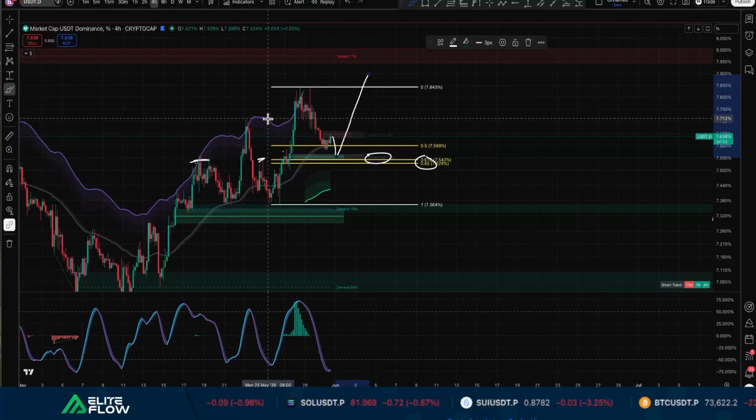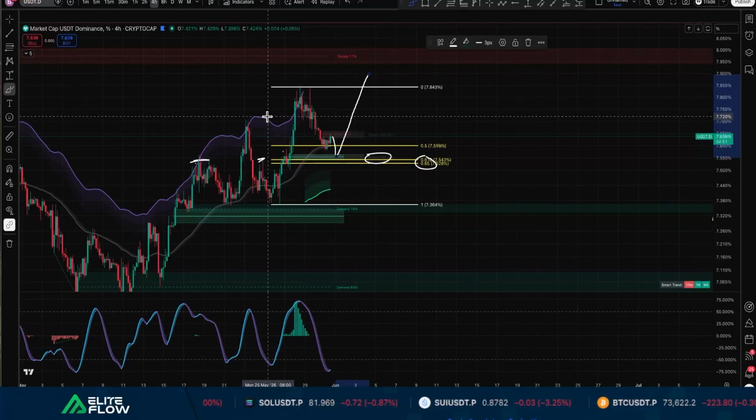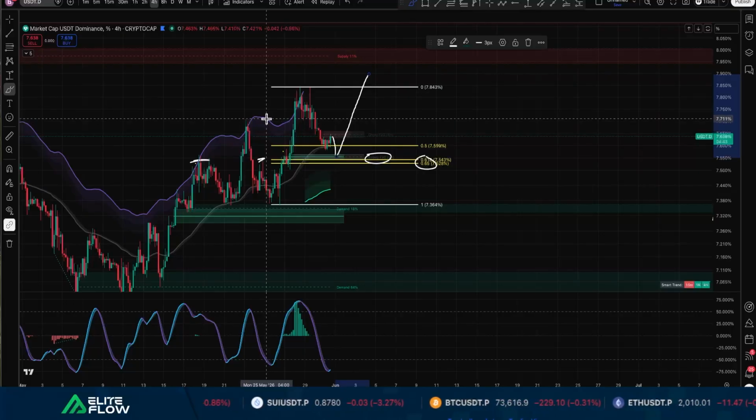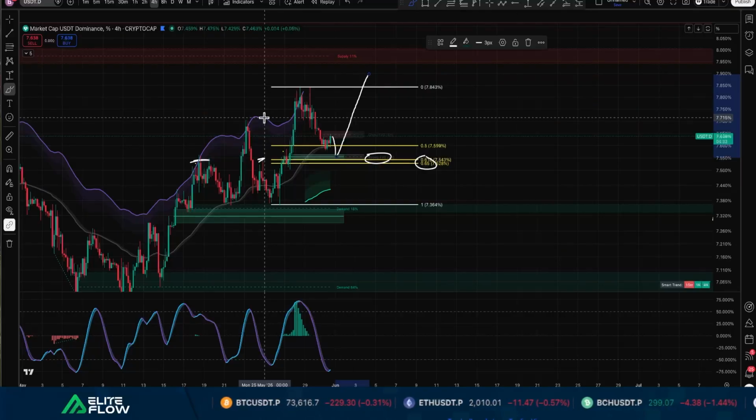We are in an uptrend on USDT. It means Bitcoin and Ethereum and XRP and all cryptos are going to be going down. That's what I'm thinking for the crypto market this coming week. Maybe potentially, if we're very lucky, a bit of a move up. If we don't get any moves up, it's just going to go down. If we do get that move up, it's going to be a good place for you to go, yes, you guessed it, short.